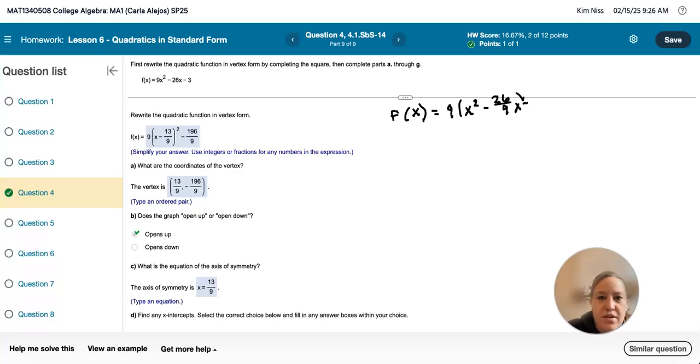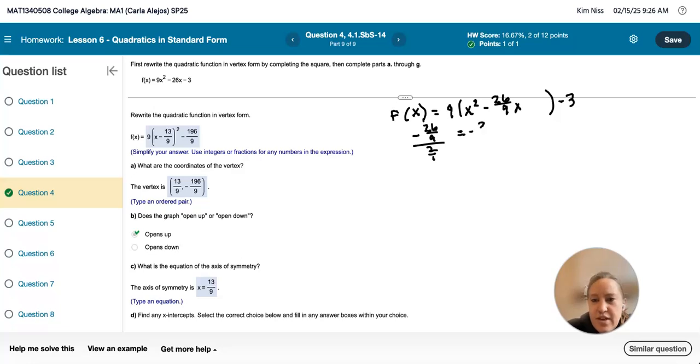We're going to leave a little space here because this is where we're going to complete our square. And then we'll put minus 3 on the outside. So to complete the square, you take your x term, so this negative 26 over 9, the b value. You'll divide it by 2, which is the same thing as 2 over 1. And it's just a matter of flipping your denominator fraction and multiplying straight across.